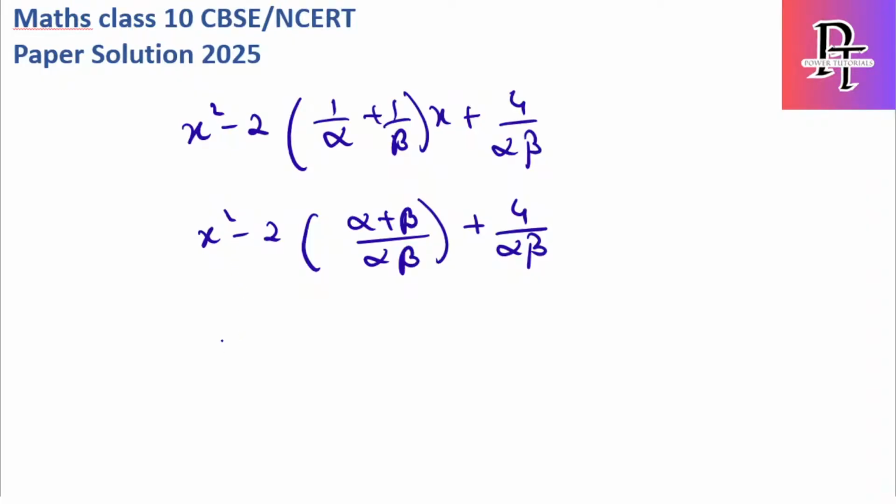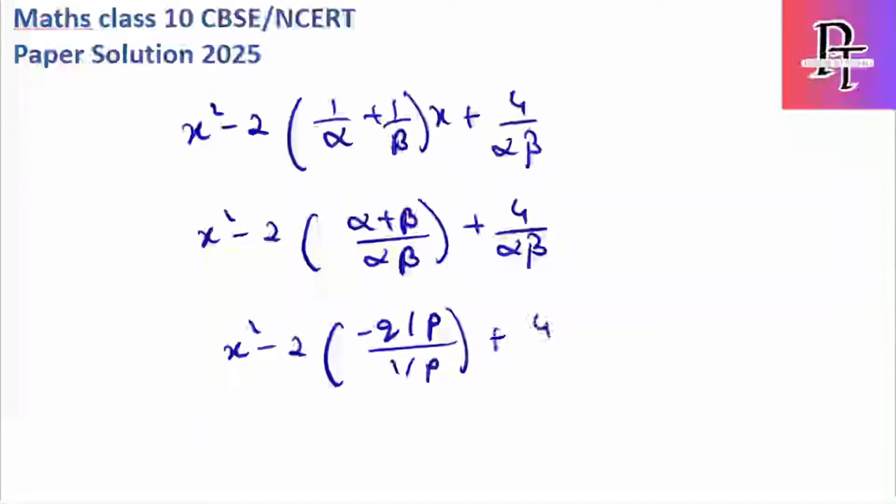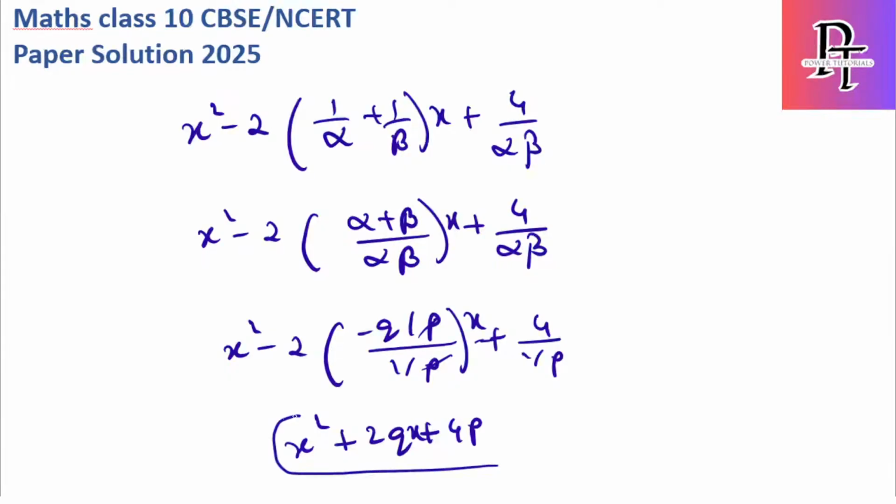So just substitute, alpha plus beta is minus q by p, alpha beta is 1 by p, and the same way here 4 by 1 by p. So p gets cancelled out here, so this becomes x square plus 2q plus 4p. Wait, here x is missing. 2qx plus 4p is the new polynomial where the roots are 2 by alpha and 2 by beta.